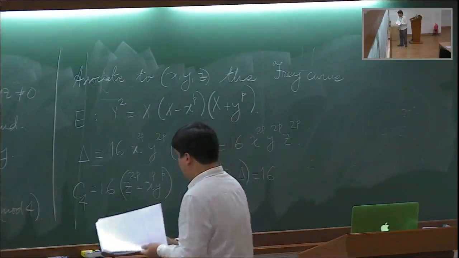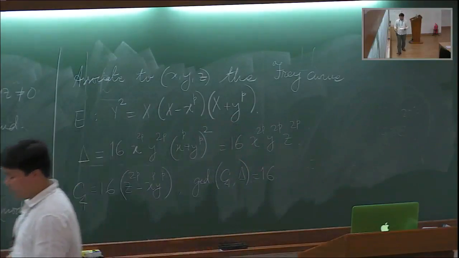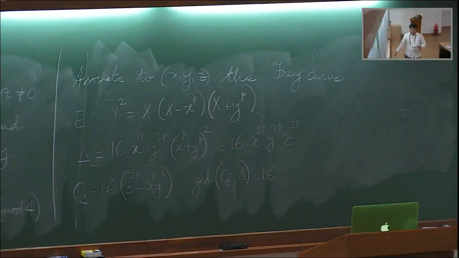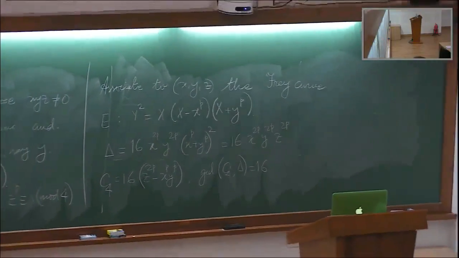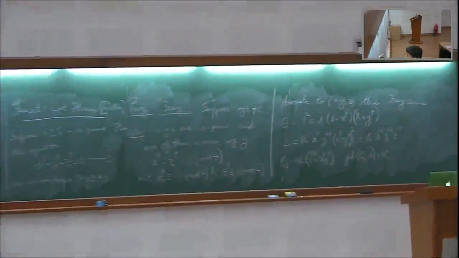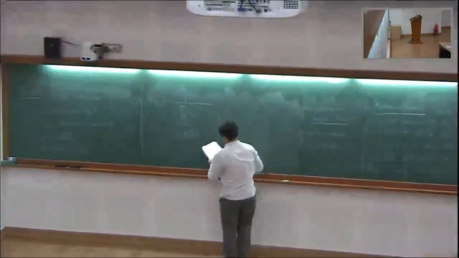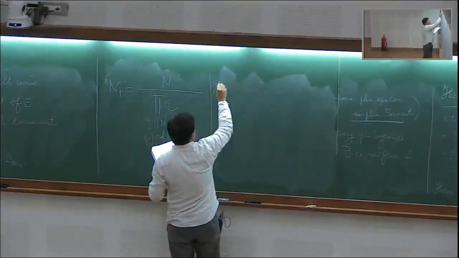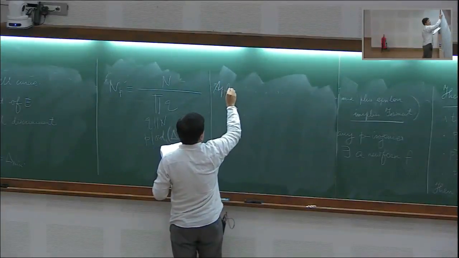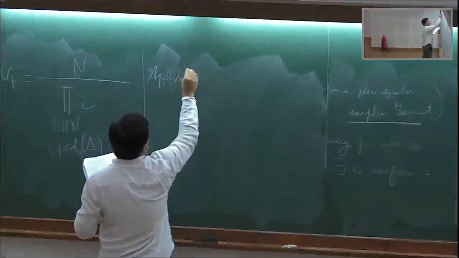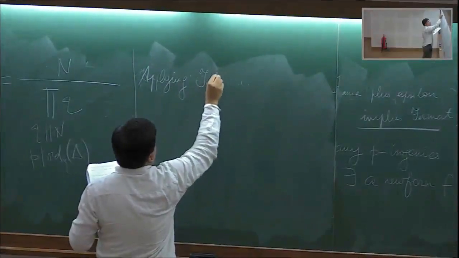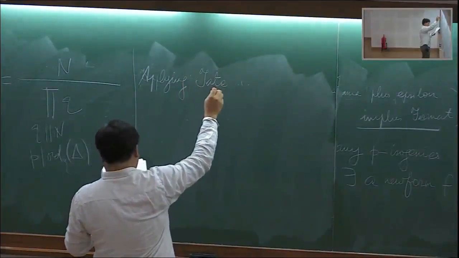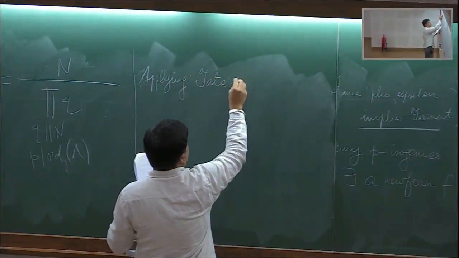Now, I apply my algorithm here, okay? And then what do I get? I run Tate's algorithm on this. Applying Tate's algorithm, this algorithm is one of the Antwerp volumes, okay?